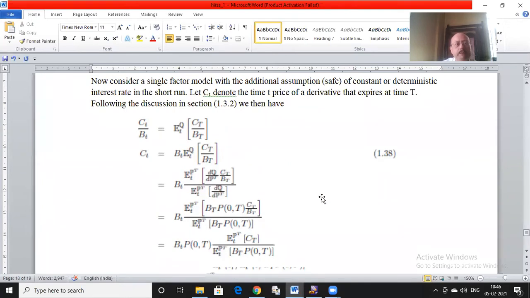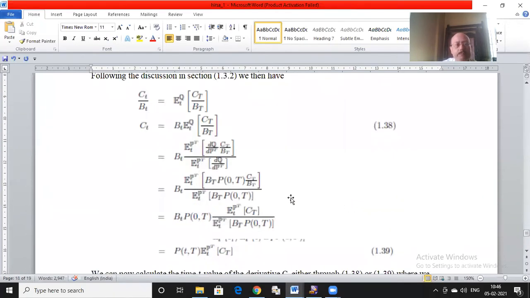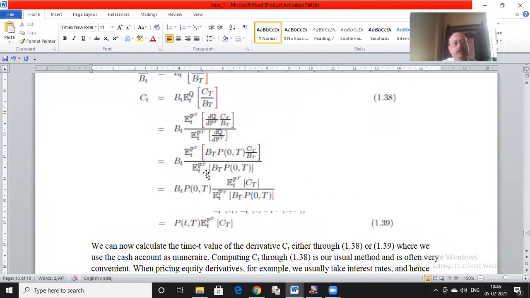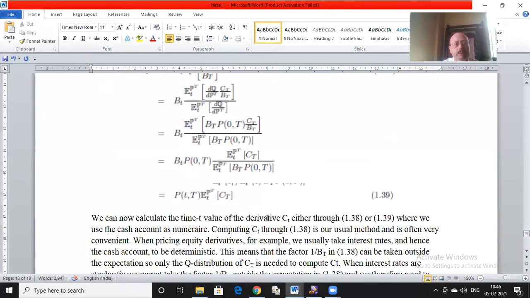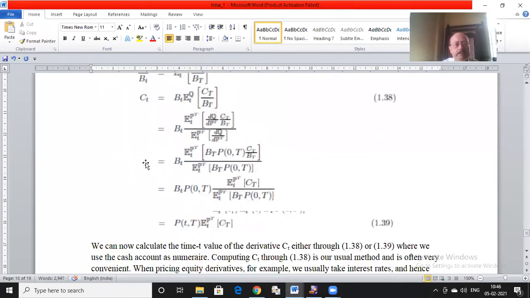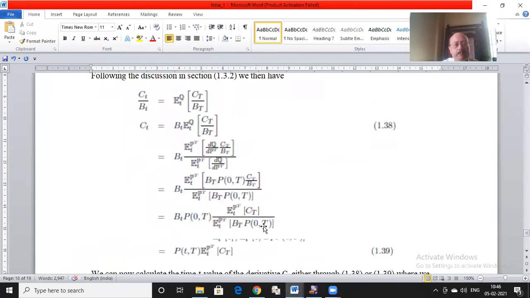I can do that because I know it is 1. So I write out my dQ dP, simplify and take this P0T term outside. What I will get is that BT P0T, this ratio of the two expectations, must equal my Ct. And of course, the expectation in the denominator is again 1. So simply I can say that Ct is this expectation times P small t capital T, which is the same as this.